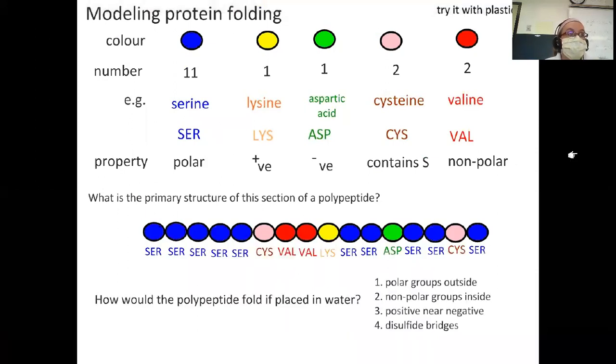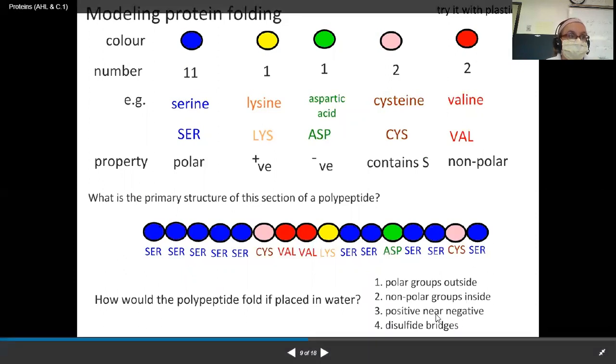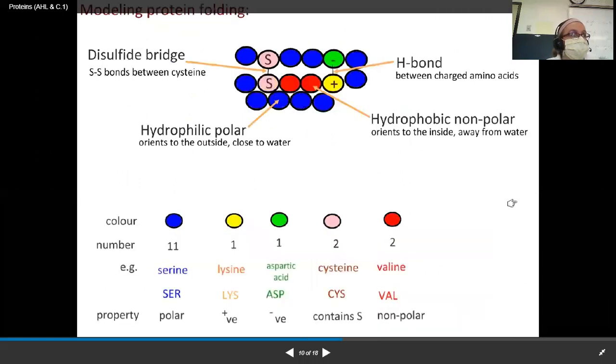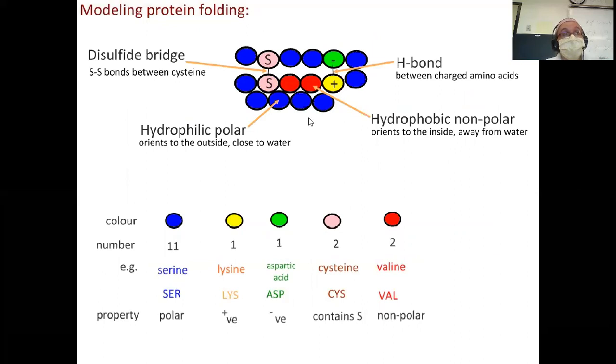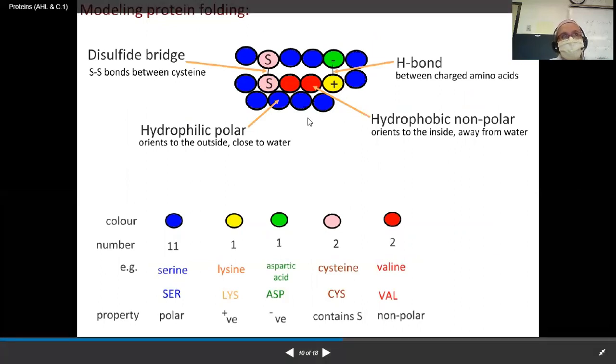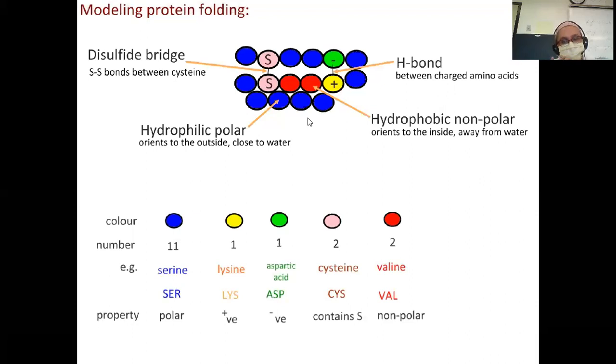But then if this were going to fold up, it will follow those rules in order: polar outside, nonpolar inside, unless it's a membrane protein. And then positive and negatives go together, and then disulfide bridges. So a folded polypeptide chain would look something like this, where you have the disulfide bridge, you have an ionic bond there, the hydrophobic parts in the middle away from the water, and the hydrophilics on the outside. And again, this is super, super simplified. For one, it's 2D. Water's all around it, so these will actually fold up in a spherical shape.